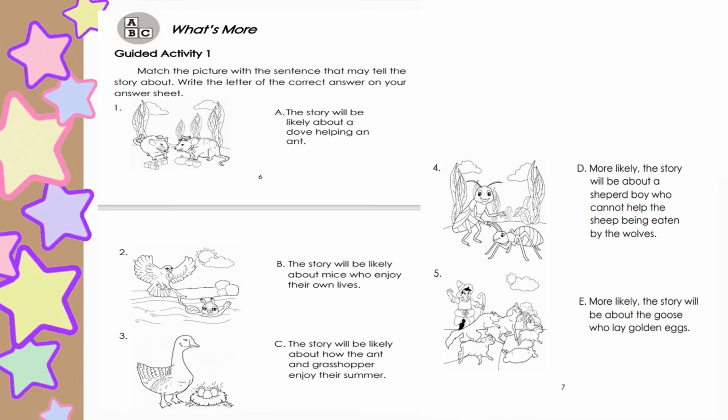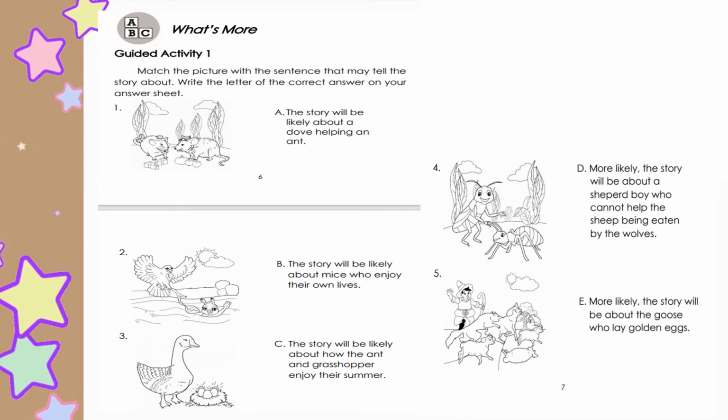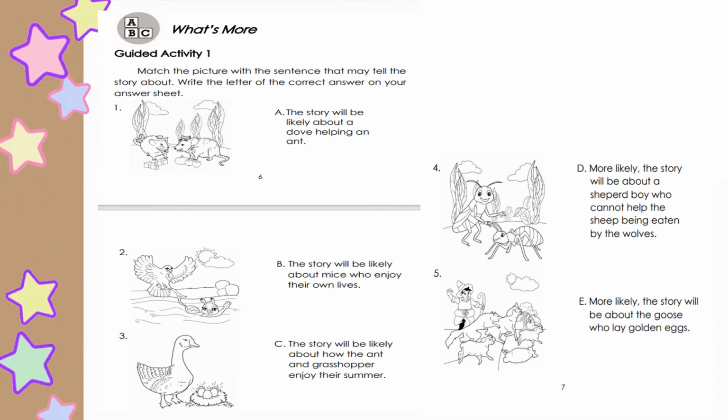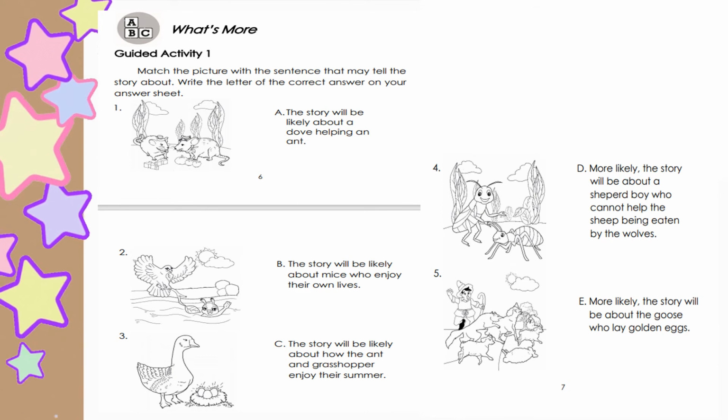Letter D. More likely, the story will be about a shepherd boy who cannot help the sheep being eaten by the wolves. And letter E. More likely, the story will be about the goose who lay golden eggs.